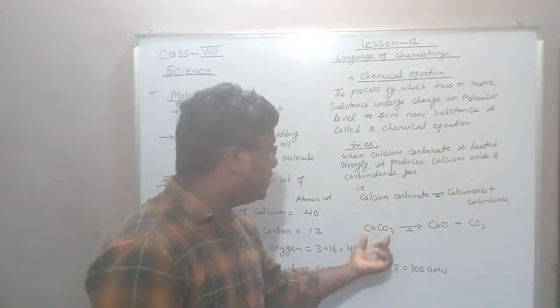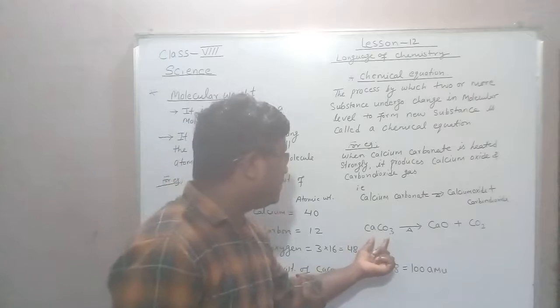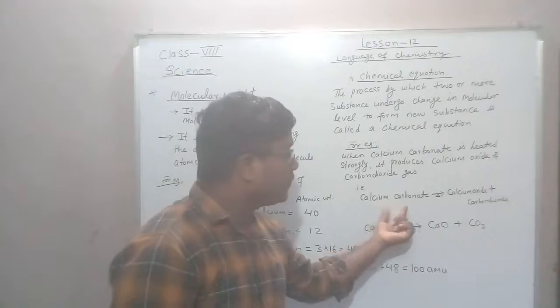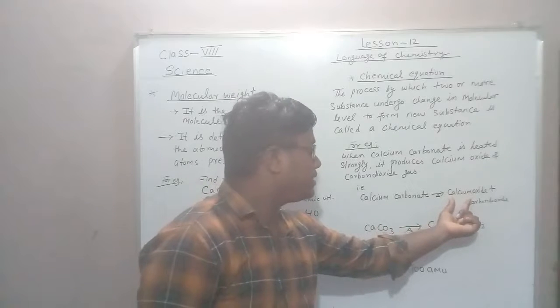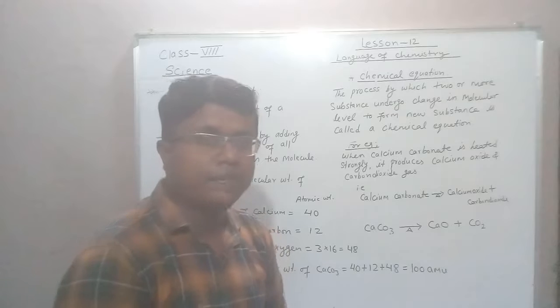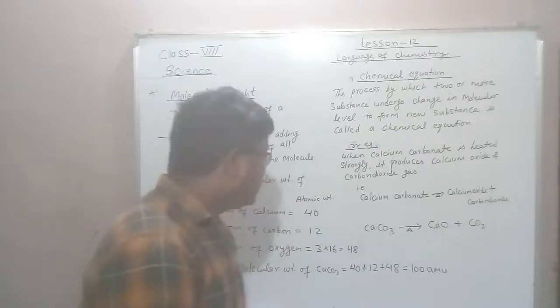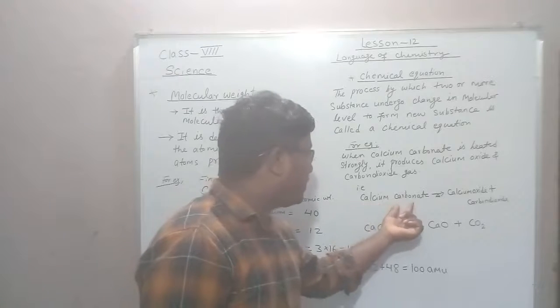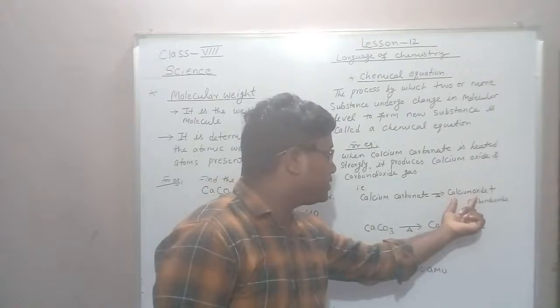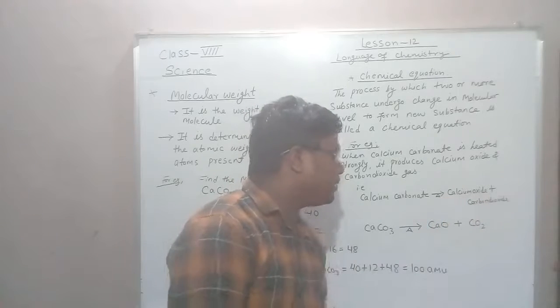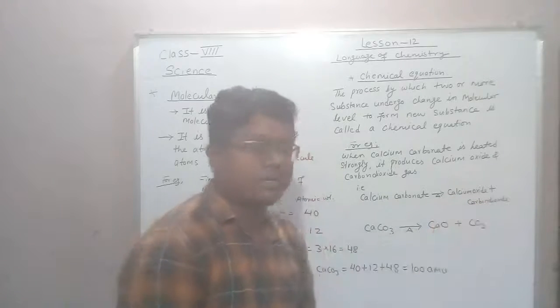If you see the left hand side, your calcium carbonate is the reactant, and in the right hand side calcium oxide and carbon dioxide are your products. So calcium carbonate when heated gives calcium oxide and carbon dioxide, that is your product.